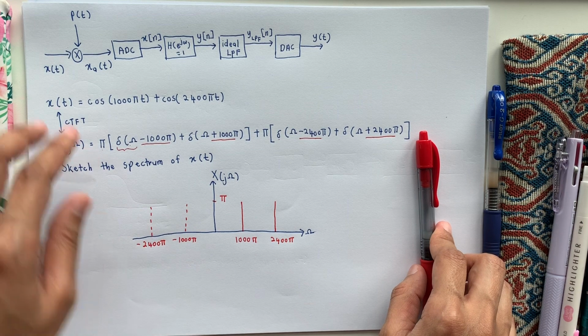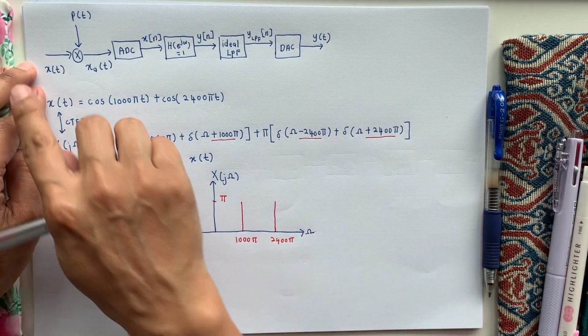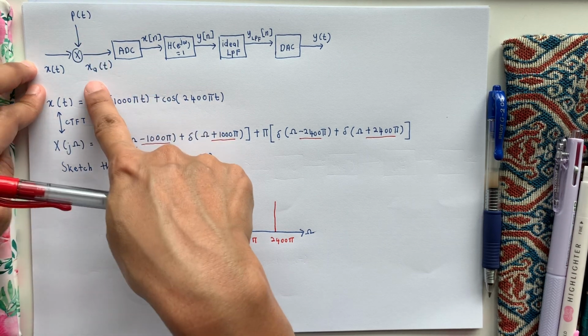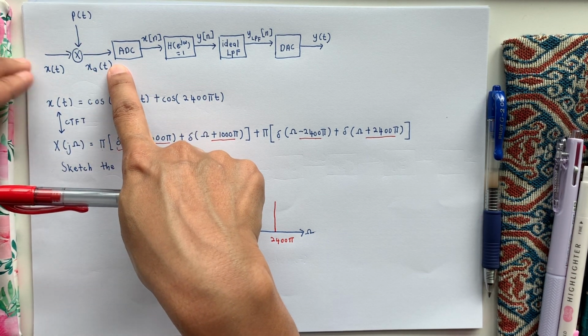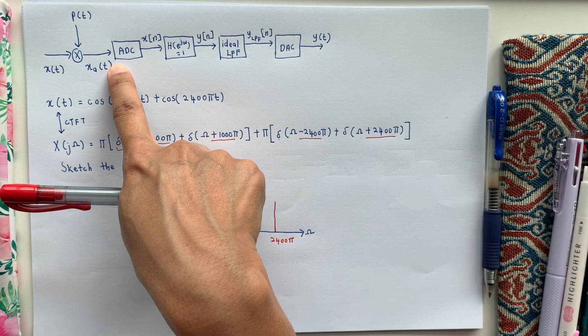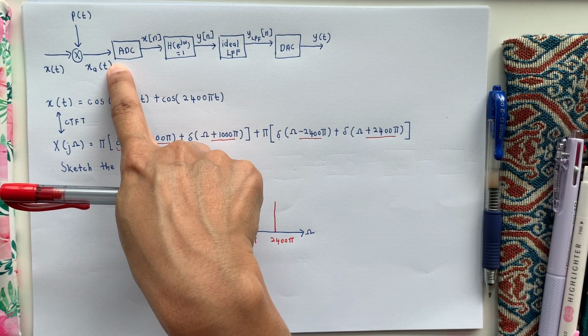Next, let's proceed. Next we have xt convolved with pt, and then you get xat. So you have to convolve your xt with your pt.